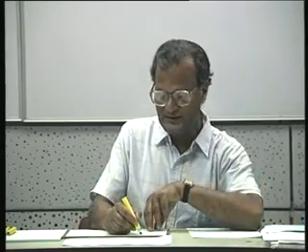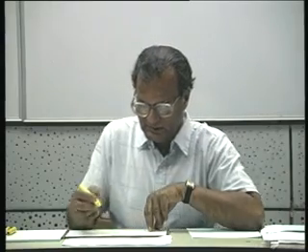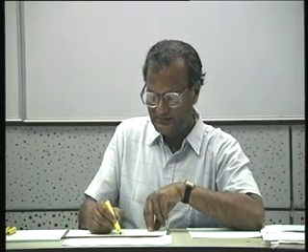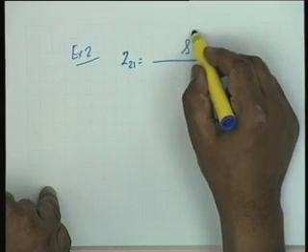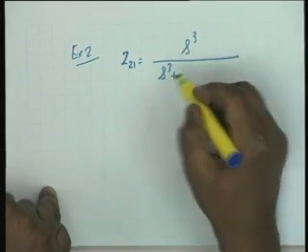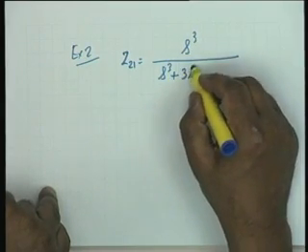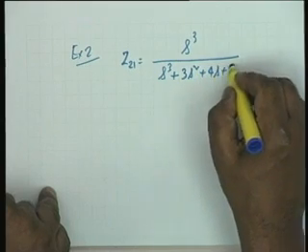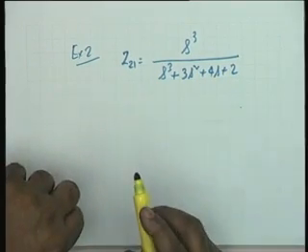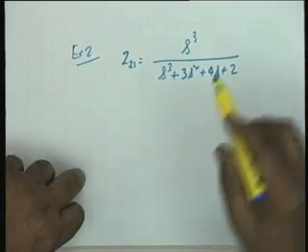Let us say the other extreme, that is, all the 3 transmission zeros are at the origin. That is example 2. Let us say Z21 is equal to S cubed divided by S cubed plus 3S square plus 4S plus 2. All the 3 transmission zeros are at the origin, right?